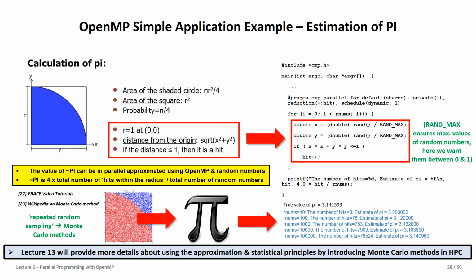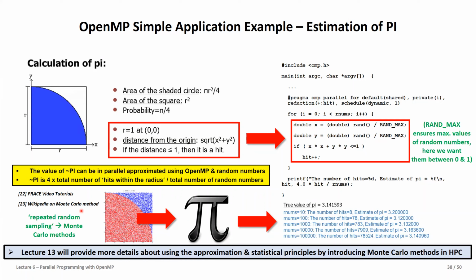We don't explicitly calculate pi, but this is an approximation, and then we do it repeated times. That's why we talk about repeated random sampling. Repeating it over time brings us, with the ratio that I just discussed, to the idea that pi can be approximated using OpenMP.